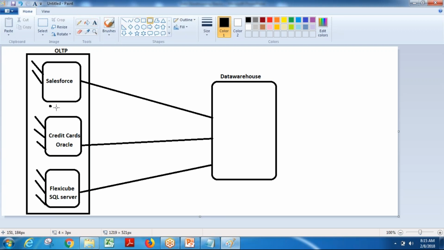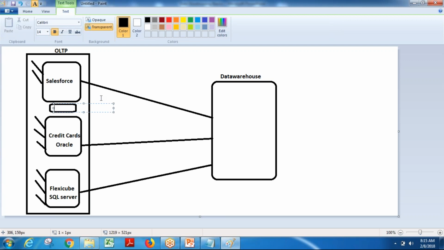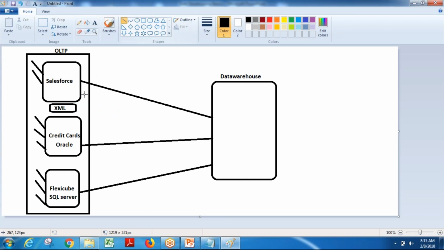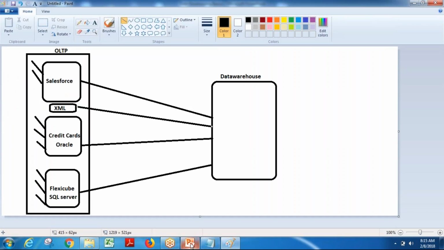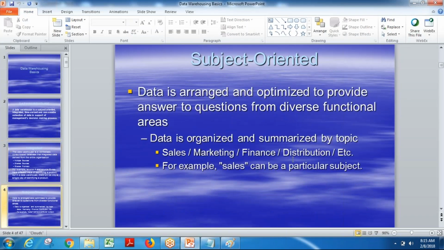In a few cases, you may have data in XML, or in a flat file, and I want to integrate that data as well. So you can even integrate data from diverse formats, meaning data available at the table level, in a file or in XML, all of which is integrated. That's why it is called an integrated system. So that's why we call it a subject oriented and integrated system.